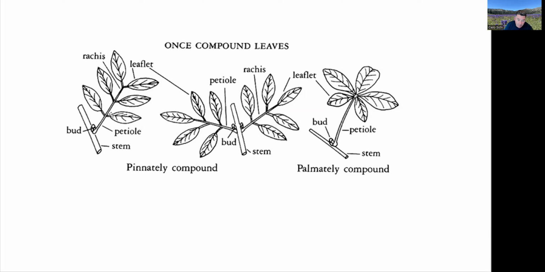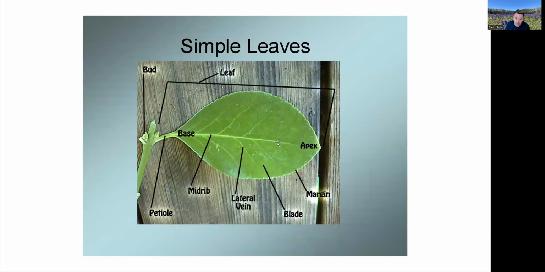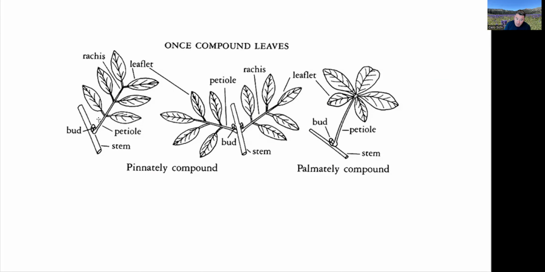But this is a compound leaf, so you've got a pinnately compound leaf, with leaflets coming off of the rachis. The rachis is almost like the midrib of a simple leaf. Compound leaves still have petioles, that portion of the leaf that connects the stem at the node to the leaf blade, and those together make up the entire leaf.